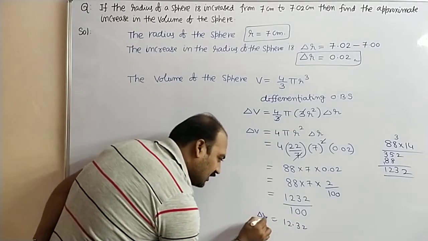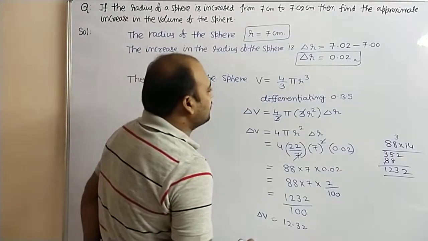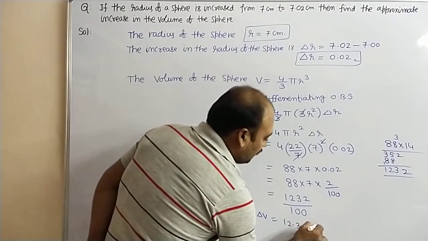This is the delta V value, in centimeter cube.